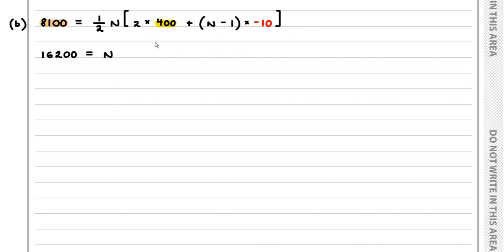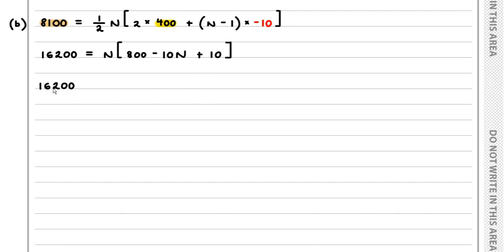Now if we simplify, we have 2 times 400, which is 800, then n multiplied by negative 10, which is negative 10n, and then negative 1 multiplied by negative 10, which is positive 10.